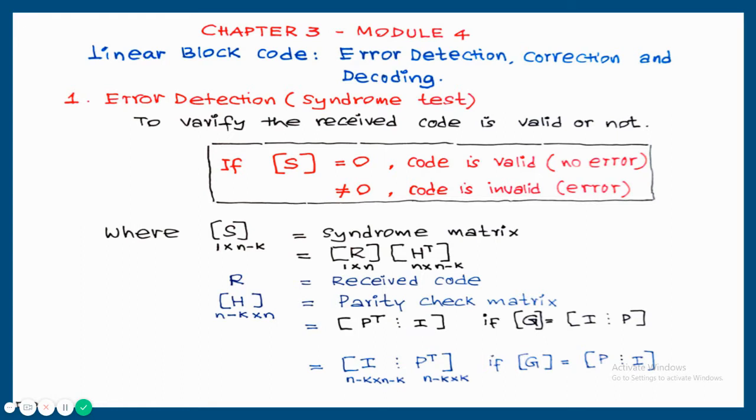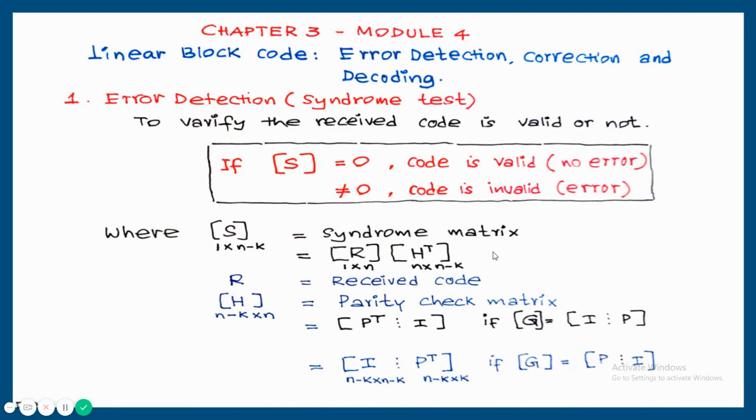Syndrome matrix S is equal to received code R into H transpose. R is the received code, and the dimension is 1 cross N. H transpose is the transpose of the parity check matrix, and the parity check matrix can be obtained from the given generator matrix.